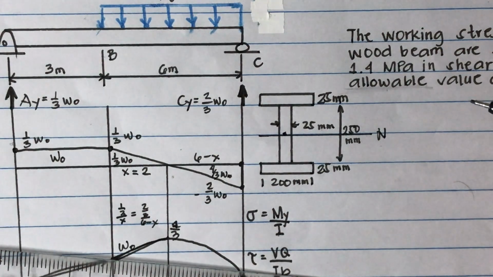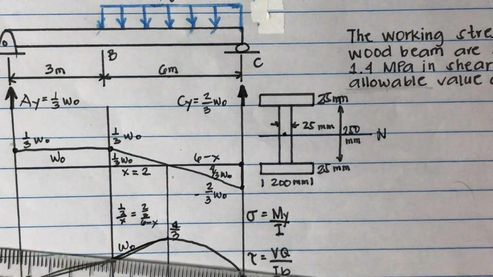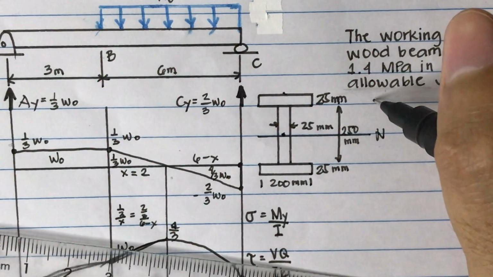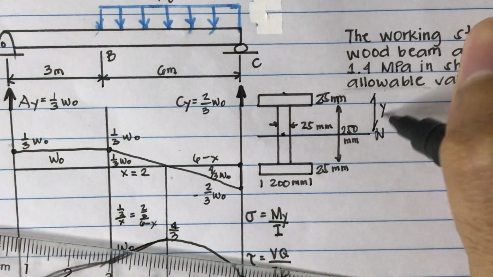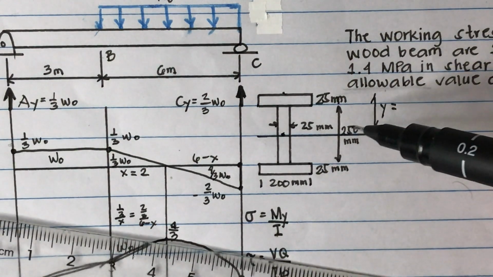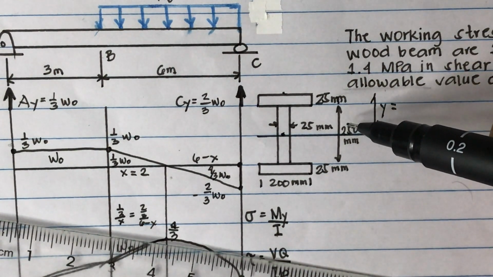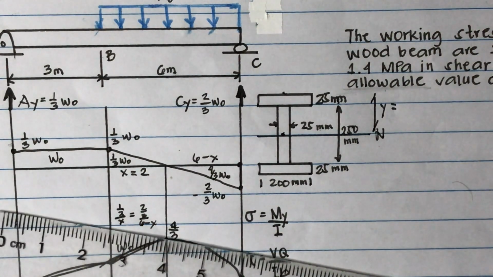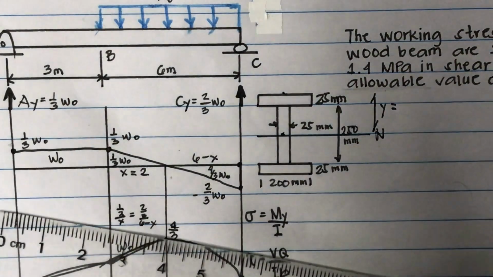Y is the distance from the fiber to the neutral axis. So diri, padulong diri, y man, so 250 plus 25 is 175.